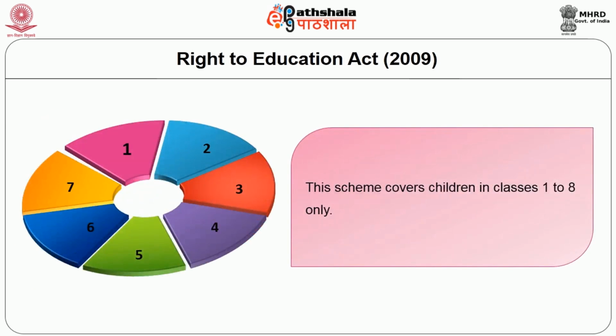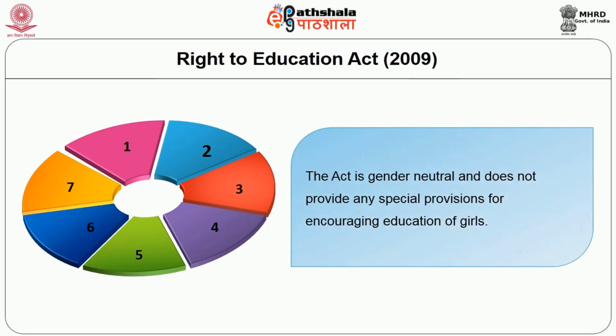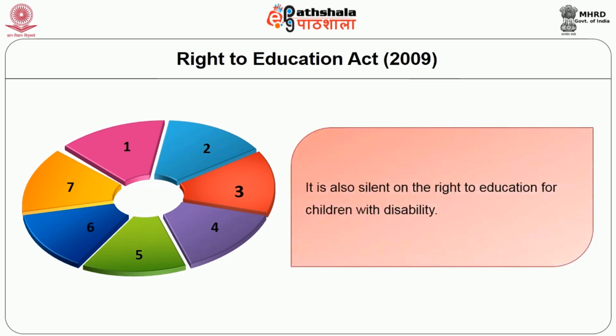First, this scheme covers children in classes 1 to 8 only. Second, this Act is gender neutral and does not provide any special provisions for encouraging education of girls. Third, it is also silent on the right to education for children with disability.